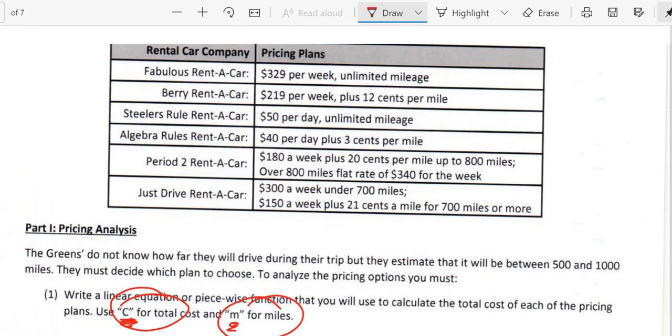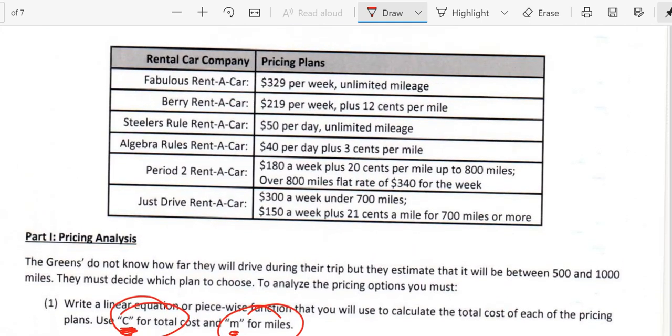So for this one, it's going to be unlimited mileage. So think to yourself, what does unlimited mileage mean? That means that you will not be charged for the mileage. So basically, we're going to put 0M. So we have our total cost equals 0M, because we're not paying anything for the mileage, plus you're paying $329 per week.